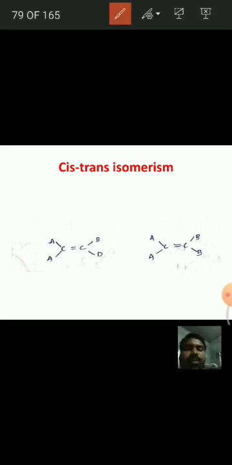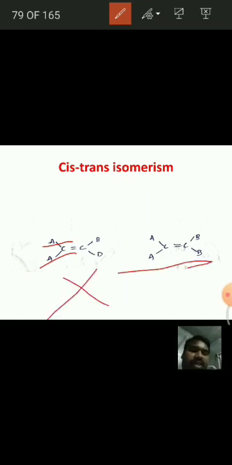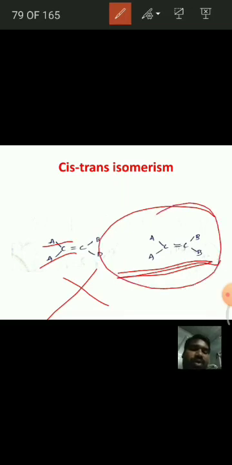See here, in this type of molecule, the carbon has the same groups on the same carbon, hence it doesn't show cis-trans isomerism. This type of molecule also, on each carbon the same groups are there, hence it doesn't show cis-trans isomerism.